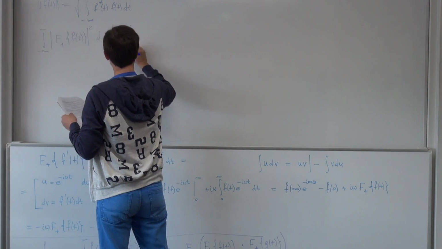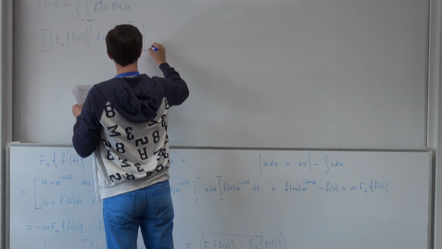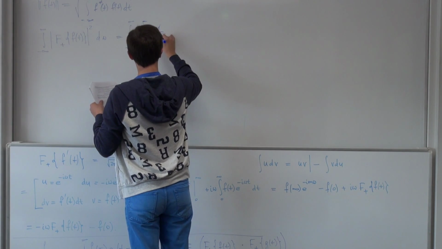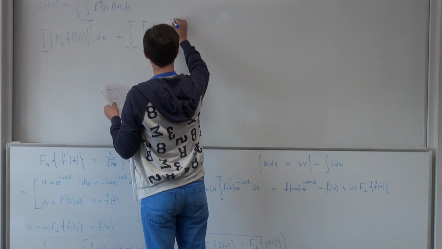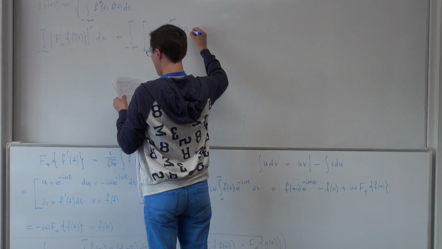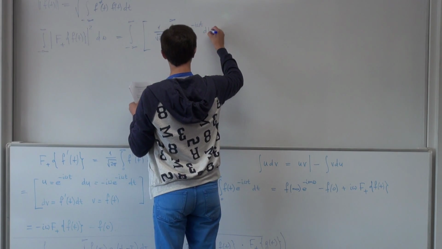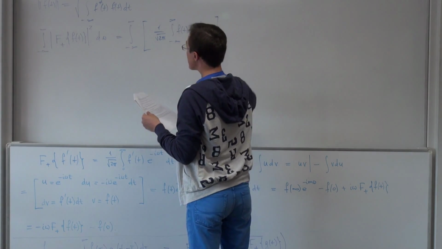So it will be an integral from minus infinity to infinity of 1 over root 2 pi, integral from minus infinity to infinity, f of t e to the minus i omega t. That's that integral once.